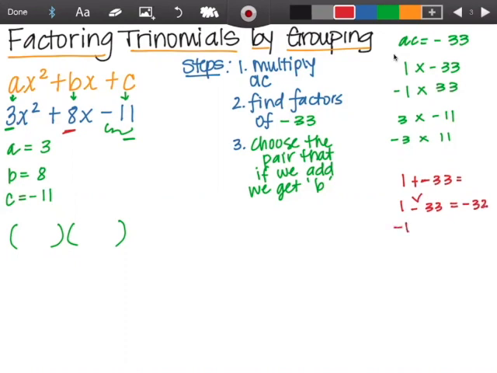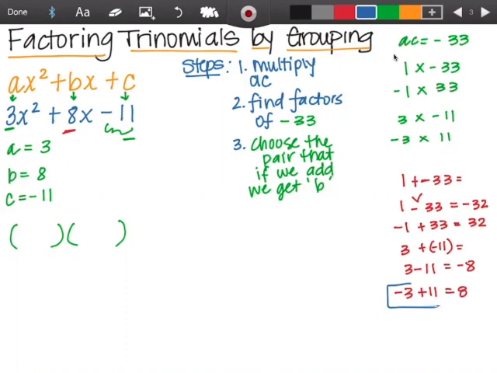Negative 1 plus 33 would give me positive 32. 3 plus negative 11, which is 3 minus 11, which would give me negative 8. And then negative 3 plus 11 gives me positive 8. So voila, this is our pair. We need negative 3 and 11.